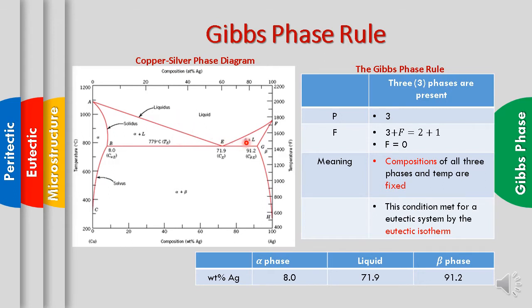If we have this line, we also have beta plus L, and it also transforms to liquid. But in this case, at 71.9% of Ag, the solid solution will transform to liquid at this point. So this point we will call the eutectic point.